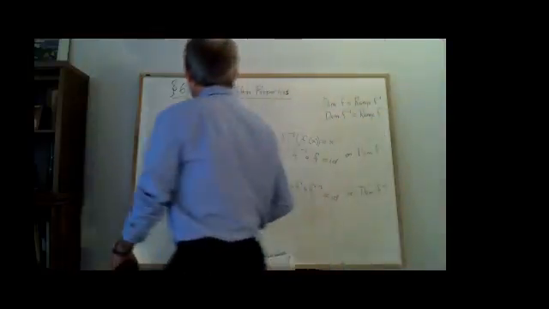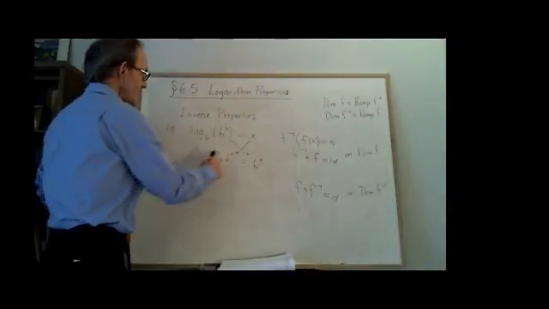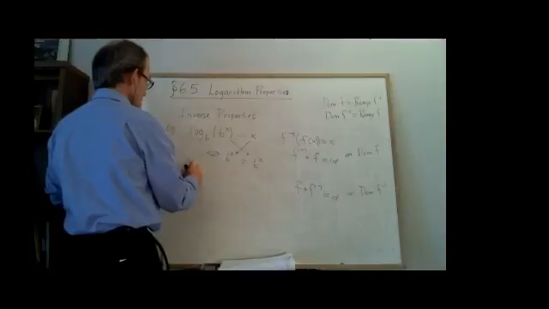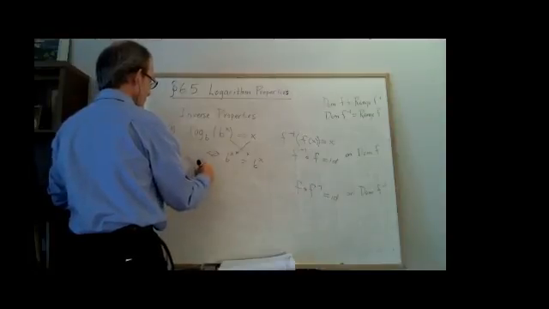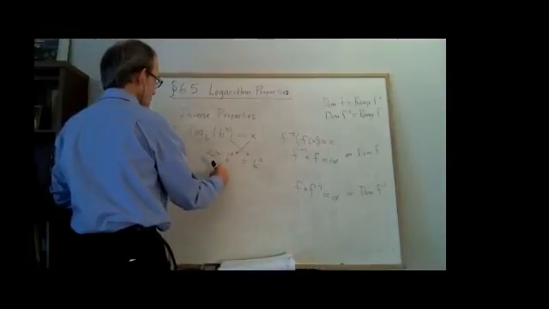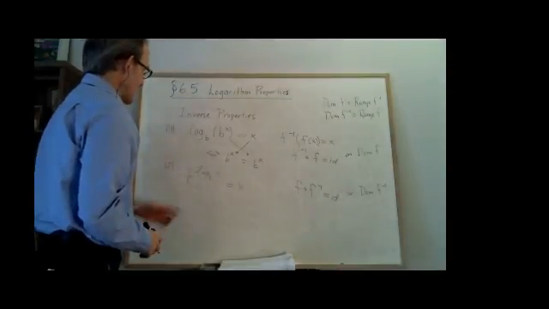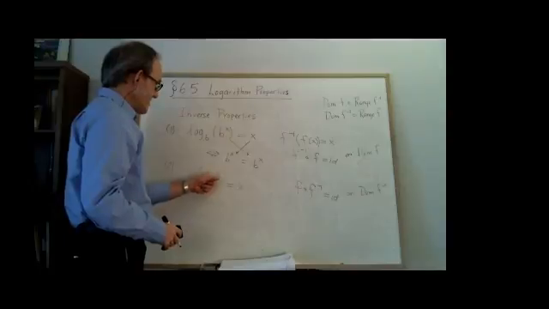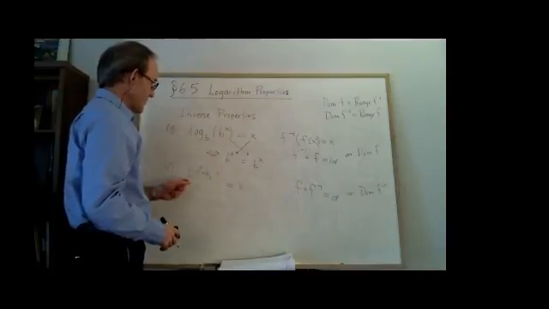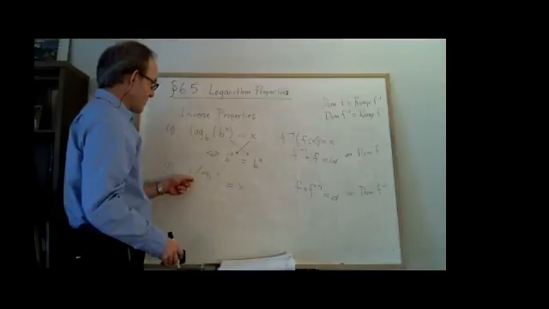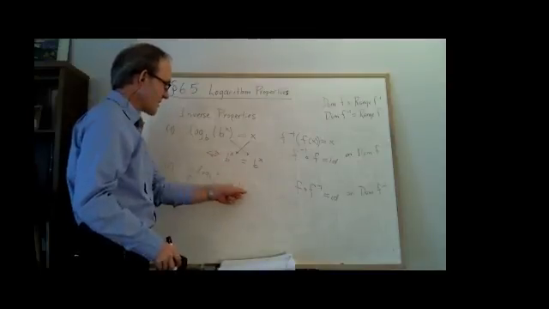And so now applying this to this other property here, we just get b raised to the power log base b of x must be x. Again, this says log base b of x is the power to which I have to raise b to get x. Well, I'm doing that. I'm taking b, I'm raising it to this power, so I should get x.